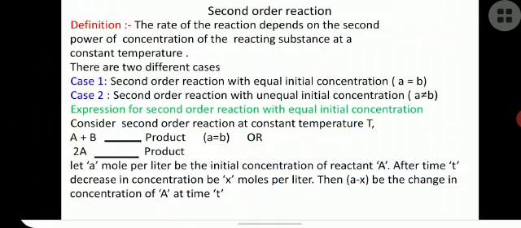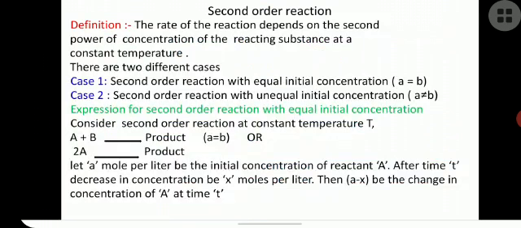In the rate equation of second order reaction, if one reactant is involved in the reaction, then exponent of concentration term is 2. If two reactants are involved in the reaction, then exponent of concentration term is 1.